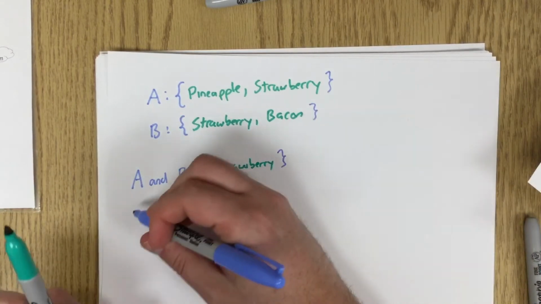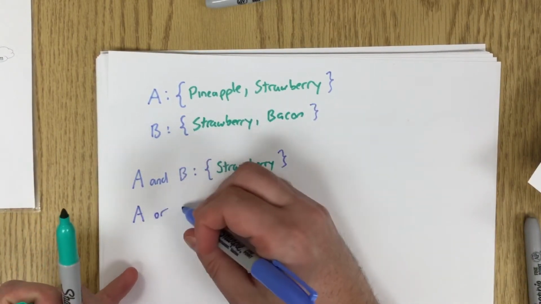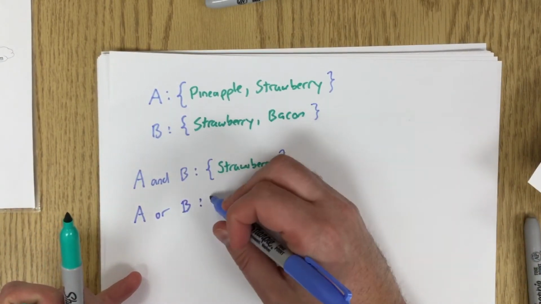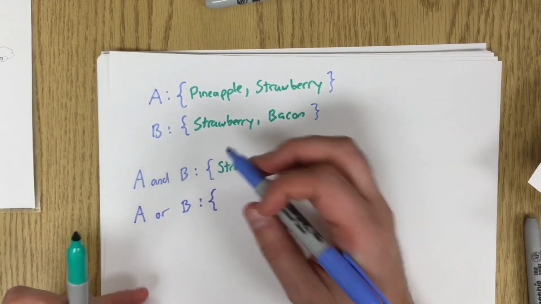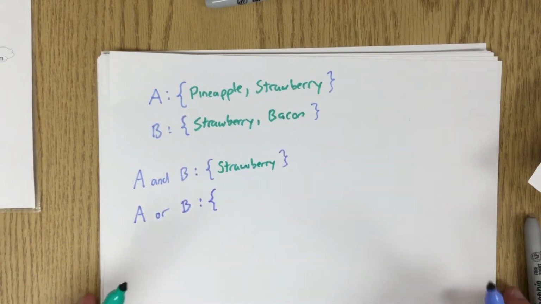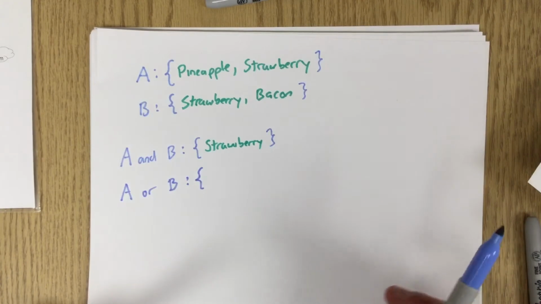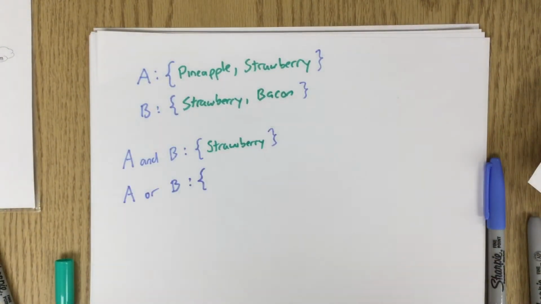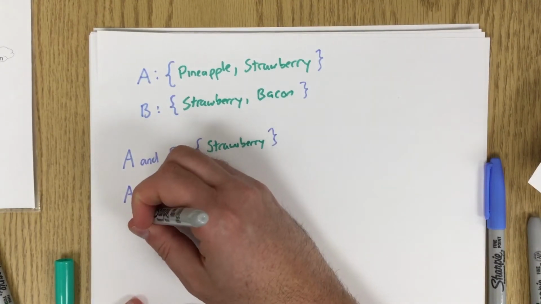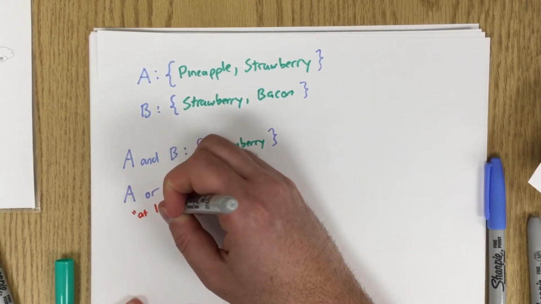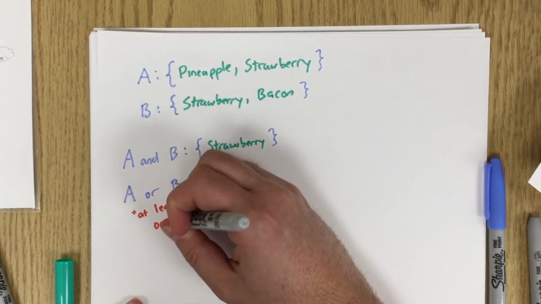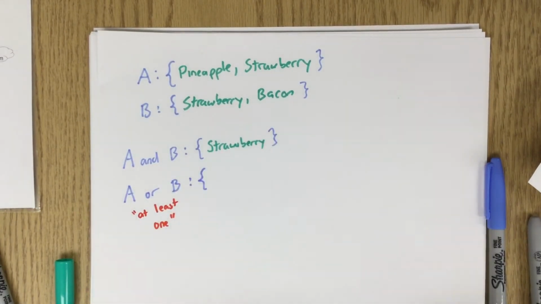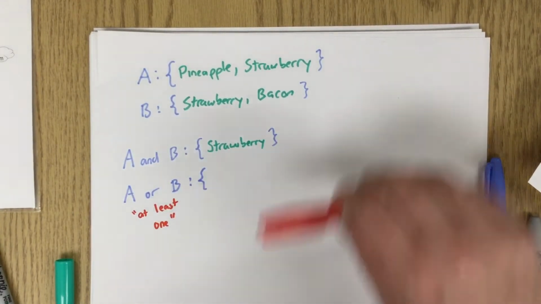Now the next one's a little bit weird. I'm going to say A or B, and I say it's weird because in English, when we say or, it doesn't quite mean the same thing as or does in this case. Or in this case means at least one. So it's going to be in at least A or B, but it could be in both.